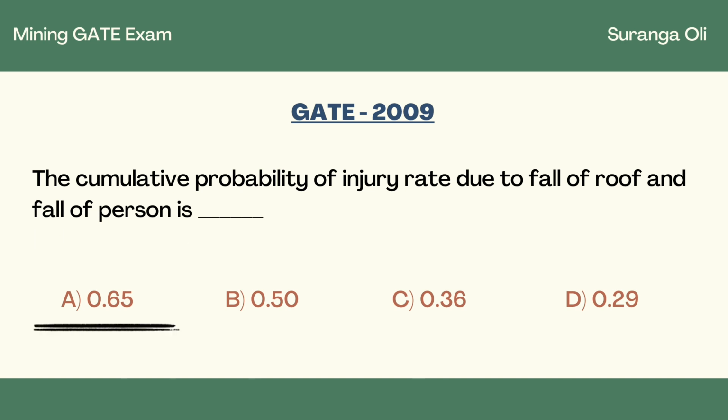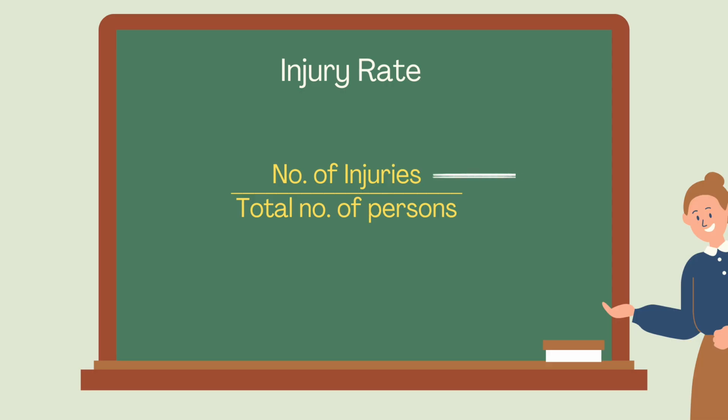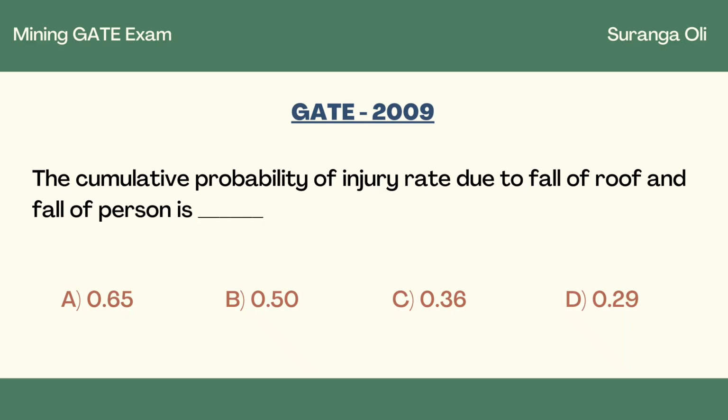Option A 0.65, option B 0.50, option C 0.36 and option D 0.29. We saw the word injury rate in the question, so we have to remember the formula. Total number of persons injured divided by total number of persons employed.